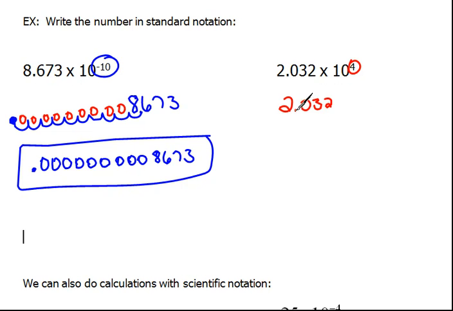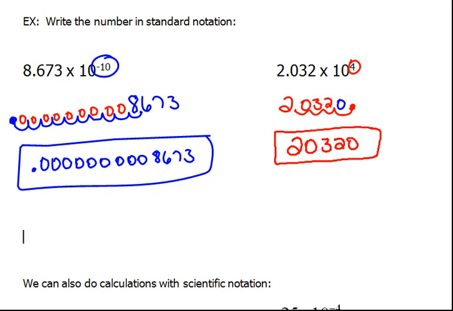So that tells us we would go 1, 2, 3, 4. And any missing spaces have to be filled in with a 0. So now our number is 20,320. That is this scientific notation written out in our standard form.